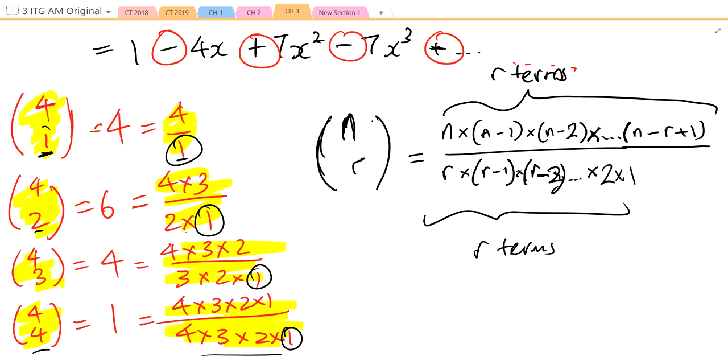I stop at 3. 4 minus 3 is 1. Plus 1 is 2. I stop at 2. 4 minus 4 is 0. Plus 1, I stop at 1. Get it? So, same over here. If I want my last term, it is going to be n minus r plus 1 over here.